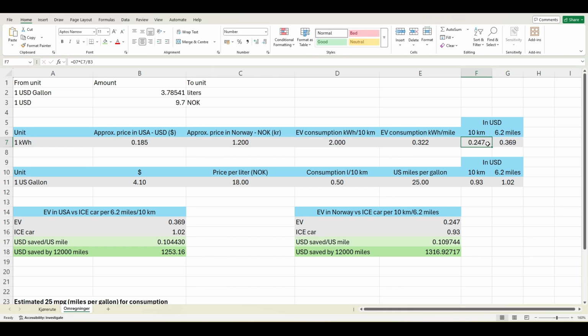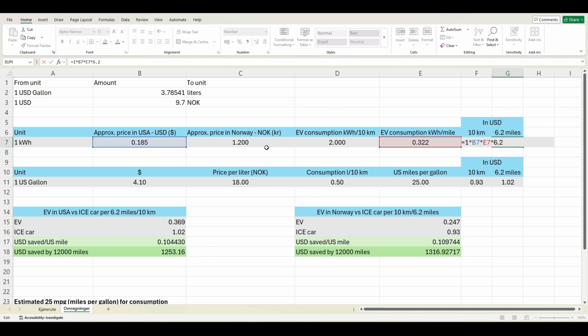And you see, we get about 0.25, or 25 dollar cents per 10 kilometers. And 10 kilometers in miles is approximately 6.2 miles.